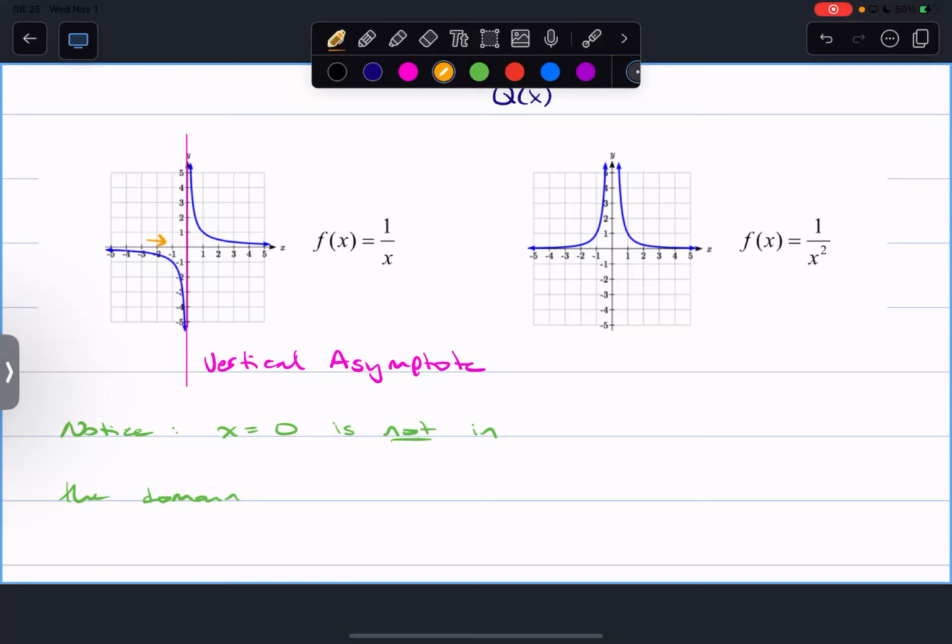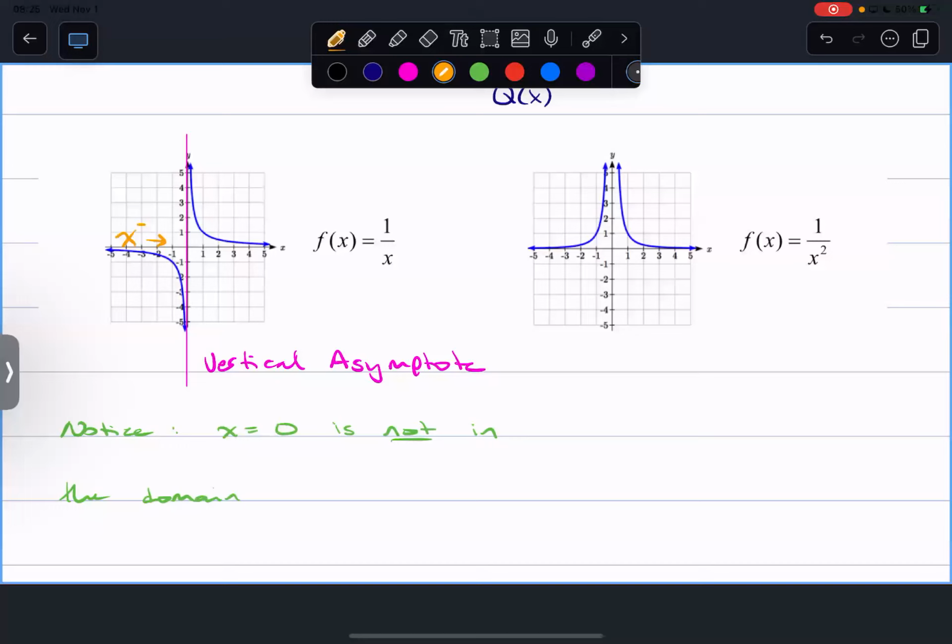Now, some of the notation that we're going to use is we're going to be approaching x equals 0 from the left, okay? Because that behavior in this case is going down to negative infinity. But if we approach x equals 0 from the right, then we have a different behavior, right? And so we need to specify which direction we're coming from.